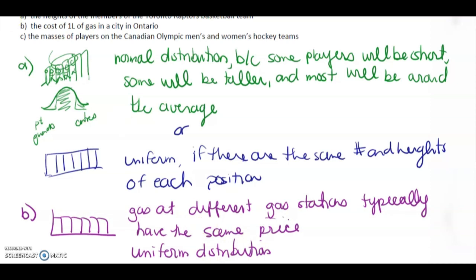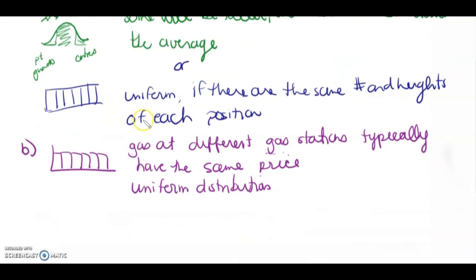Okay. And then C, the masses, so like the weights of players on the Canadian Olympic men's and women's hockey teams. Okay. So whenever we're looking at that split for men and women, it's likely going to be like this. Okay. Women usually weigh less, men usually weigh more. Okay. So I'm going to say bimodal.